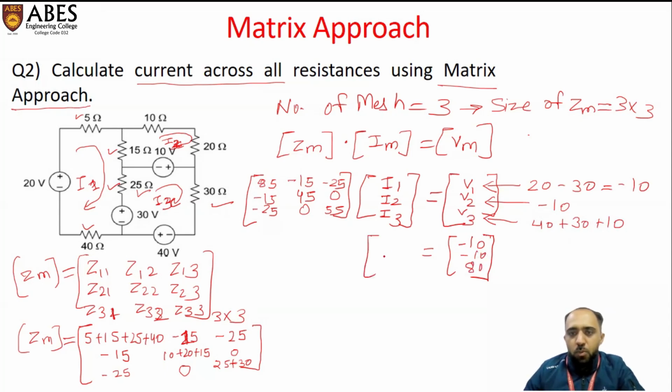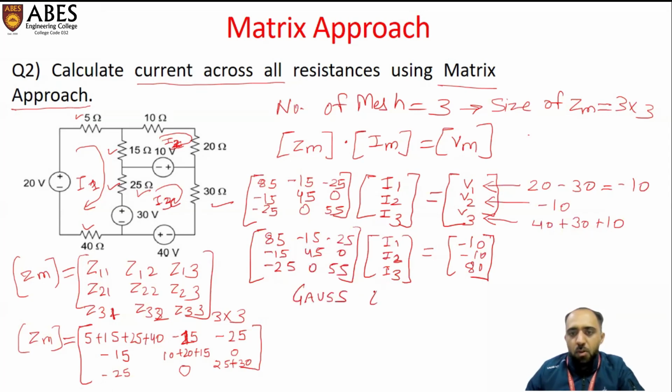So again, we need to solve this equation using Gauss elimination method. Using the Gauss elimination method, we can easily find the values of I1, I2 and I3. So write down the Gauss elimination method augmented matrix.